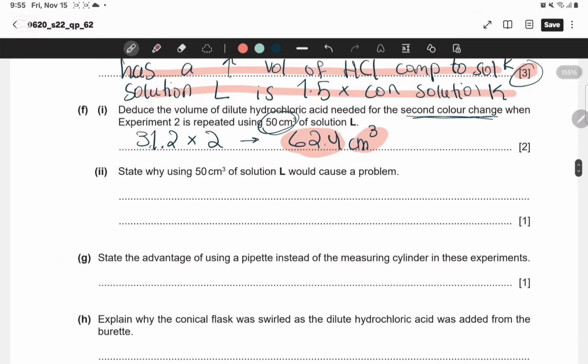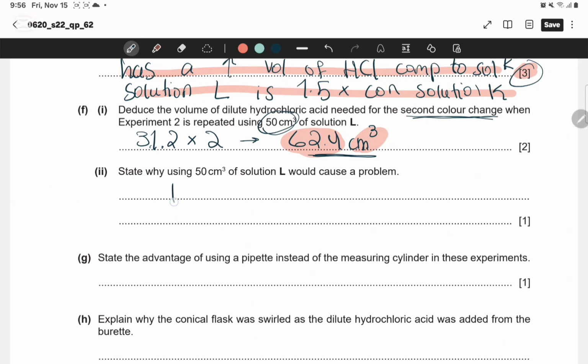State why using 50 centimeters cubed of solution L would cause a problem. So we know burettes go up to the highest volume of 50 centimeters cubed. So how can it hold the 62.4 centimeters cubed of hydrochloric acid? It can't, right?